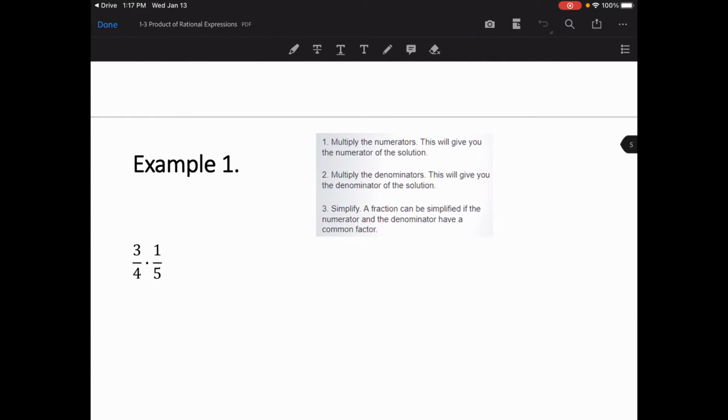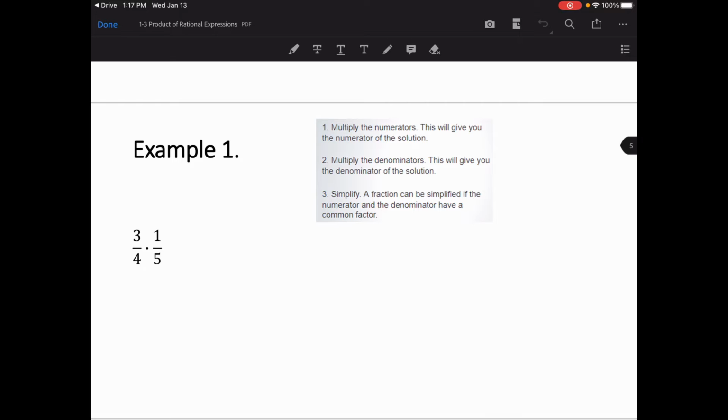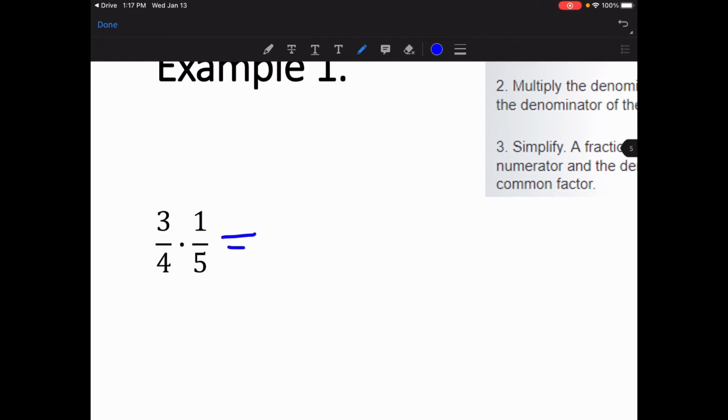So let's look at the first example here. I put a little bit of the steps in a small picture there. So again, to multiply the fractions, you multiply the numerators together, which is 3 times 1, giving us 3.